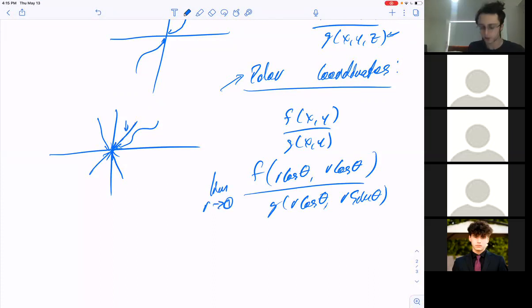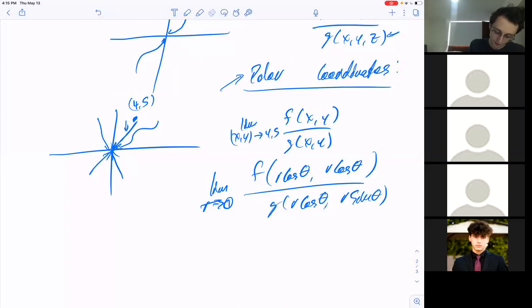Or if you're not trying to go to the origin and you're trying to go to some other point, say 4, 5, you want the limit as x, y goes to 4, 5.